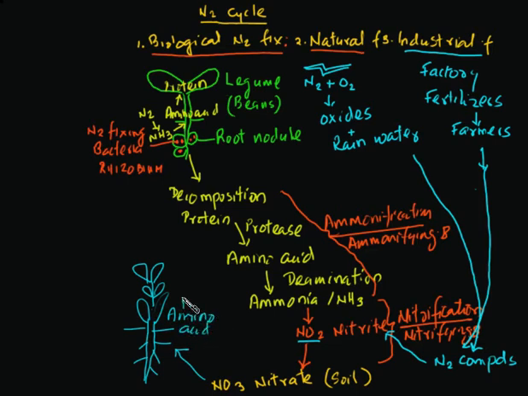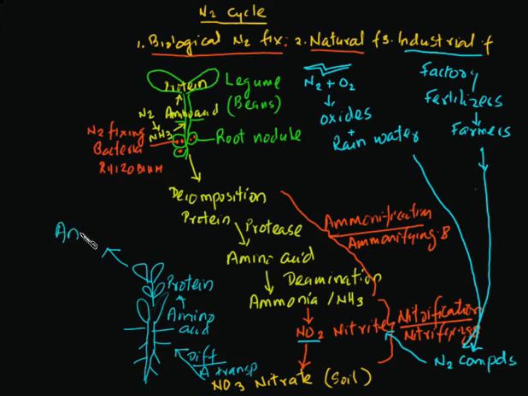Amino acids are used for the formation of proteins. Those proteins are used for growth and tissue repair. This is taken up by diffusion and active transport. By diffusion and active transport, the plants absorb nitrate ions, and those nitrate ions in the plants are turned into proteins.